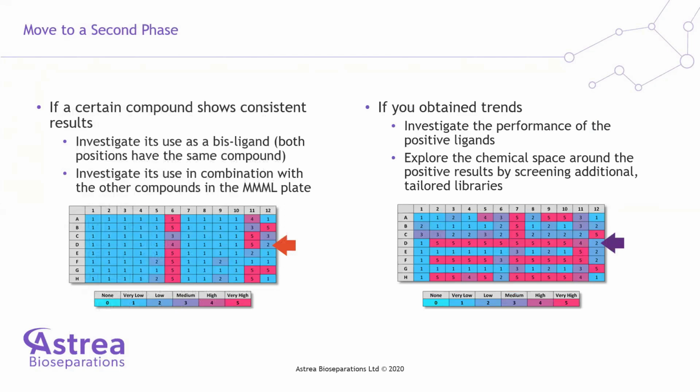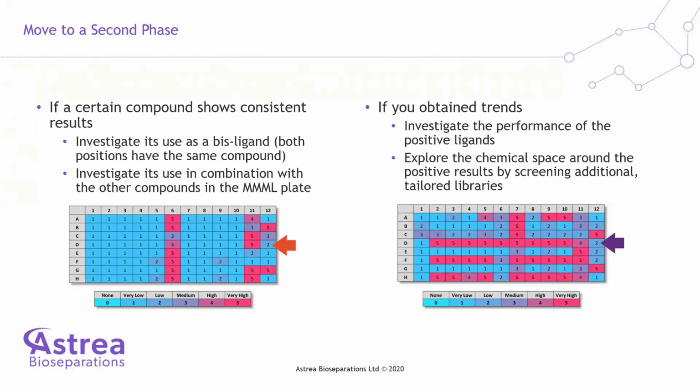So what do we do after you take a look at the results and study and interpret the results that you obtain? If a certain compound shows consistent results, such as what we saw in the previous slide on the bottom, which is reproduced here, you can investigate its use as the bis ligand, which is the one in D11 that I mentioned.